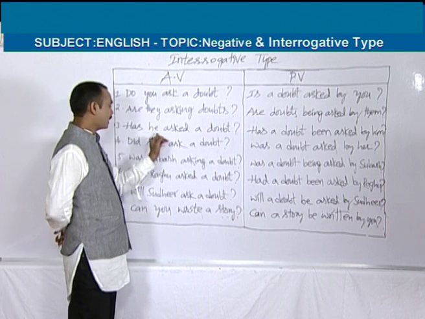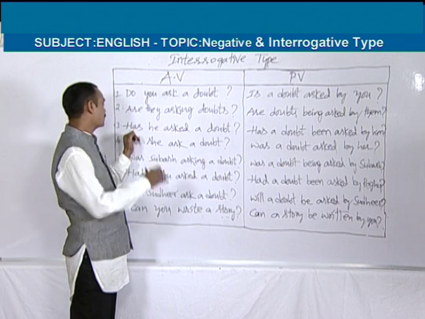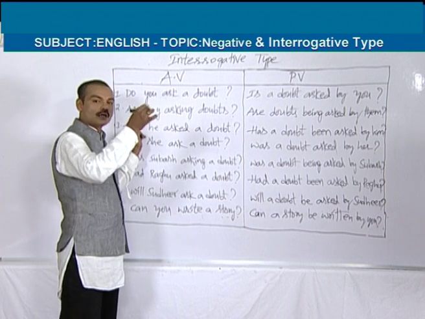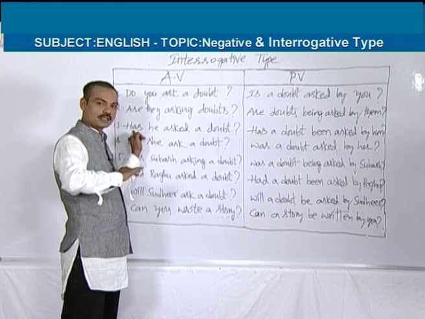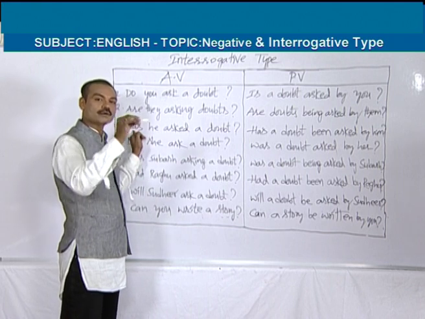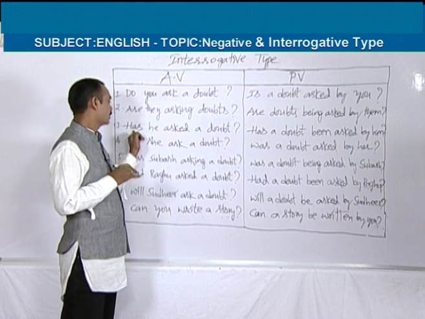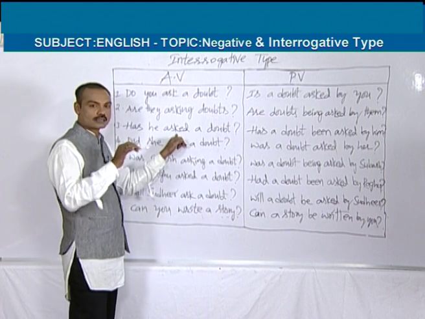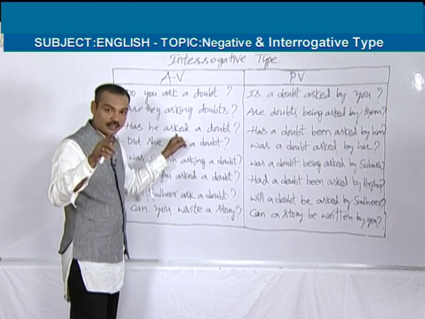See, has he asked a doubt? Before you and any plural subjects, have should be used at the beginning of the sentence. Before he, she and any singular subject, has should be used. See, has he asked? Have you asked? Have they asked? Has she asked?